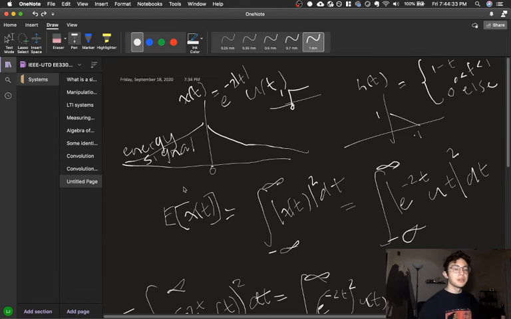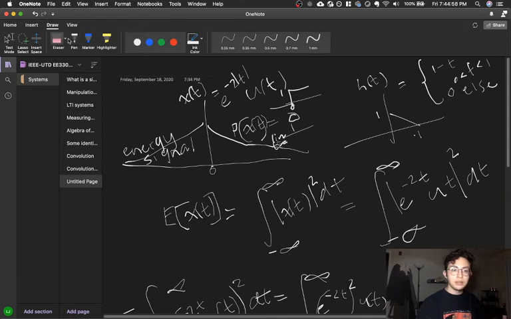And know that if you take the power of any energy signal, it'll probably go to 0, just because we'll be dividing by infinity as we take this limit as t approaches infinity.